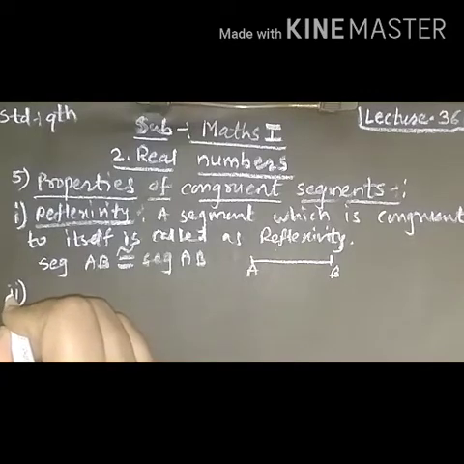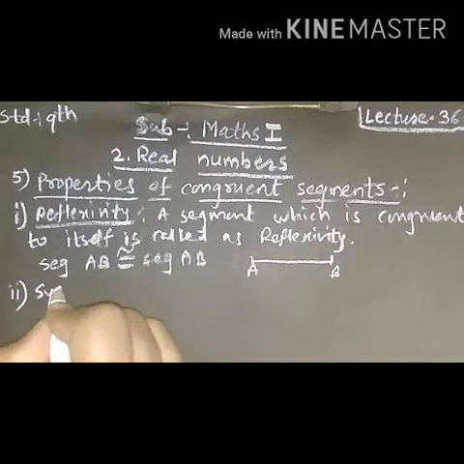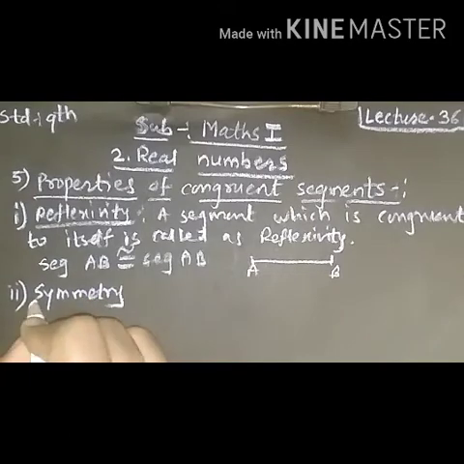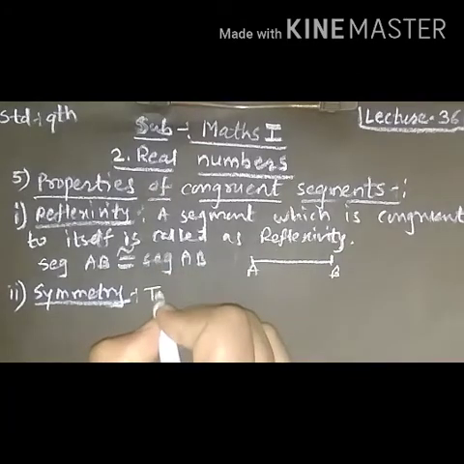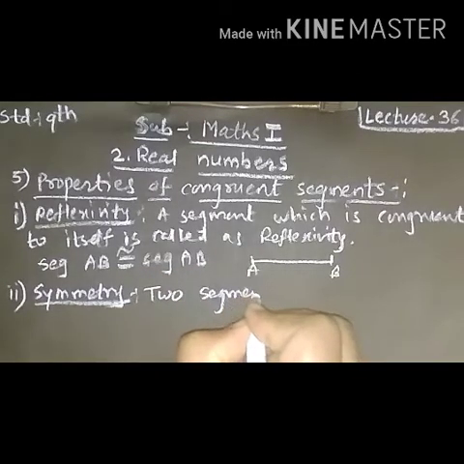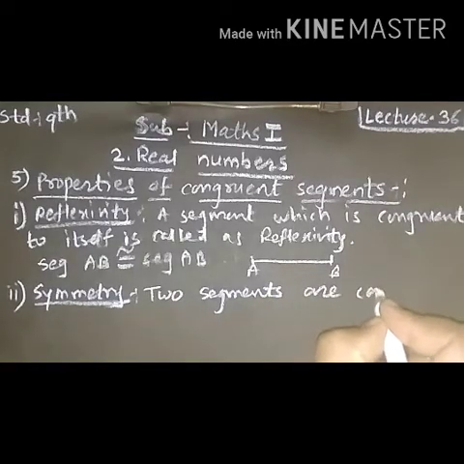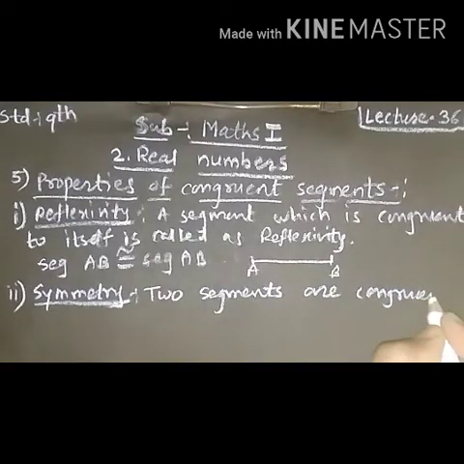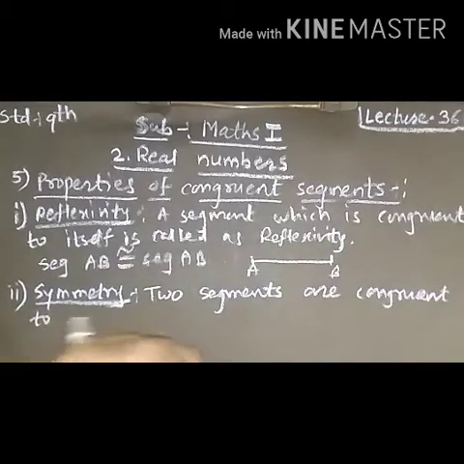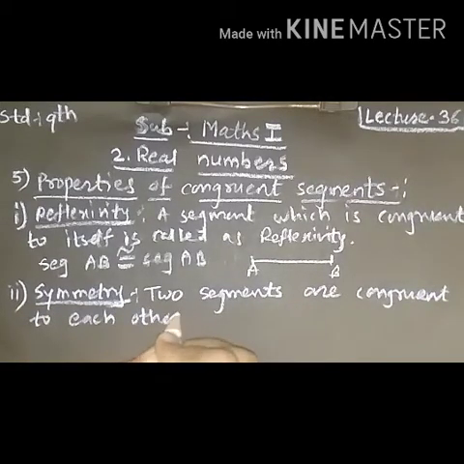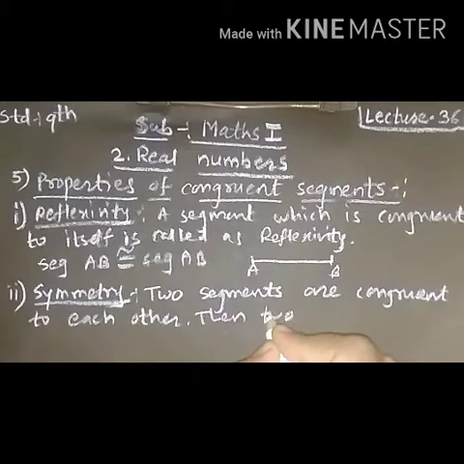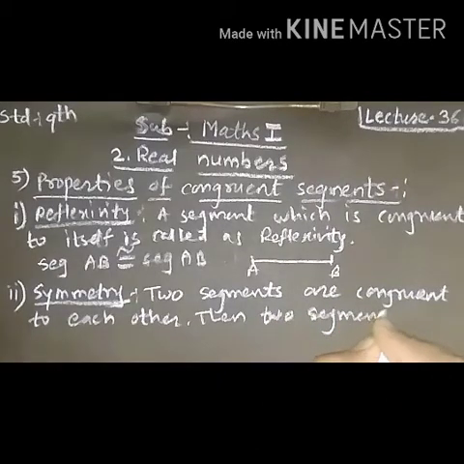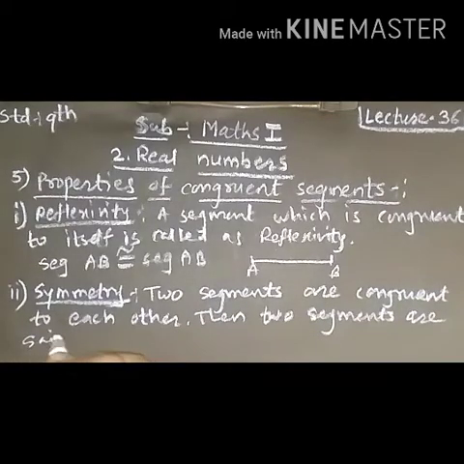Now let us see the second property of congruent segments, that is symmetry. For symmetry we have to consider two segments, and the two segments are congruent to each other. Then the segments are said to have symmetry.